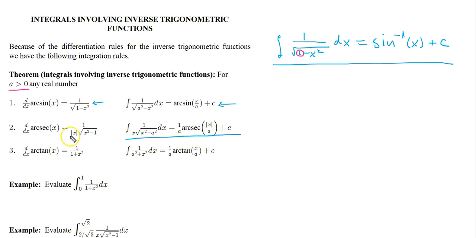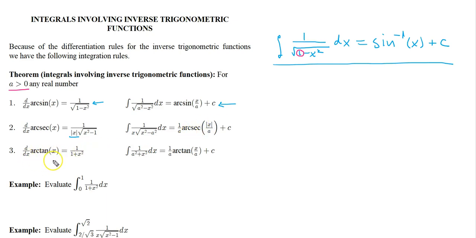Notice here the absolute value. We have an absolute value right here, but we do not have one here inside the integrand, but we do have an absolute value right here. So just take note of where the absolute values are placed for this particular formula.